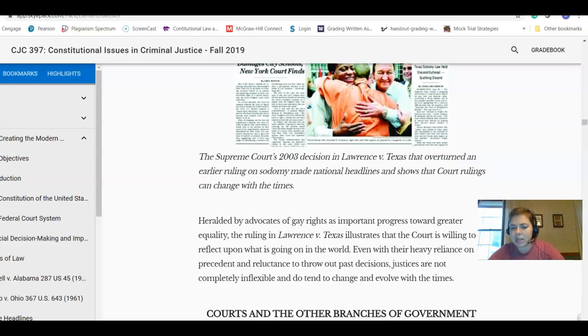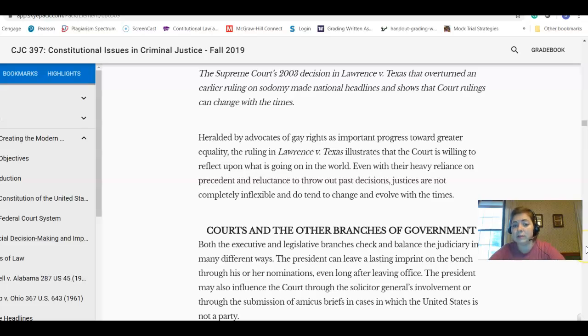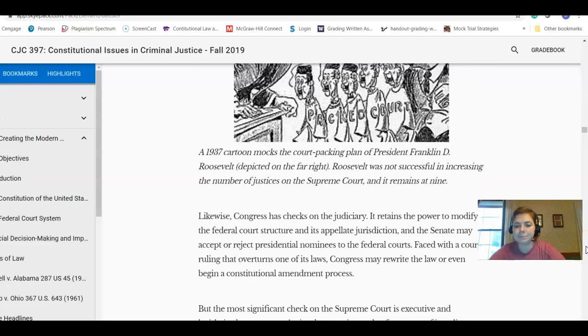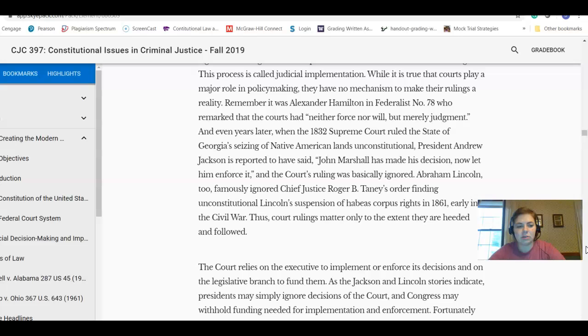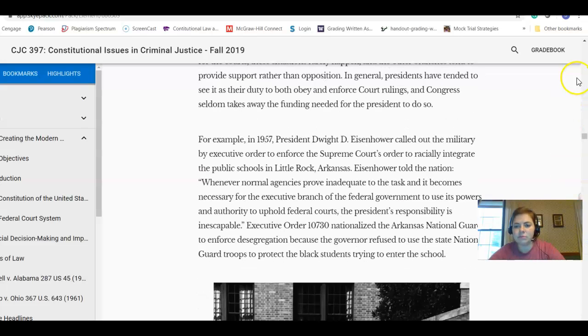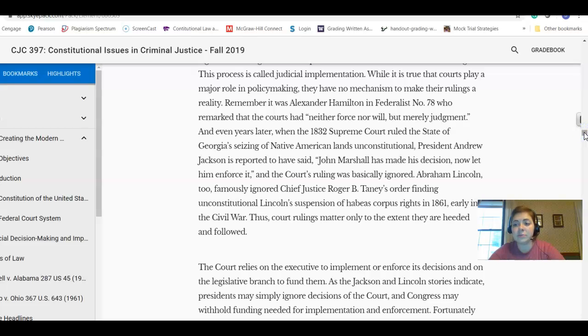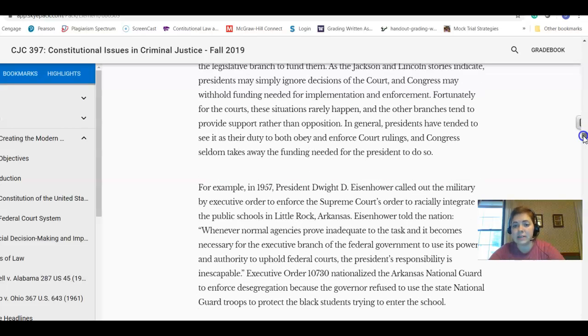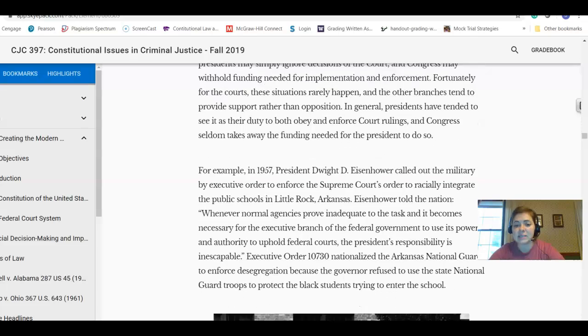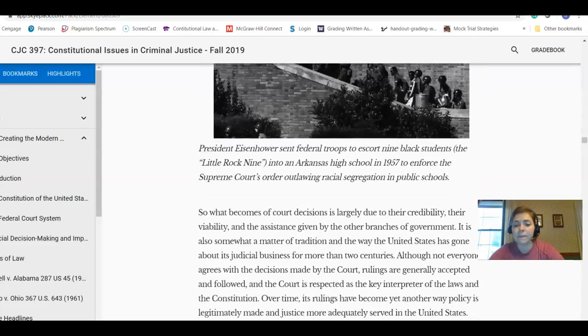So if you're a little shaky, go ahead and read through and then let me know. Frequently, we see justices relying on judicial activism or restraint, and then relying on stare decisis, so talking about past cases and how they're similar or different.